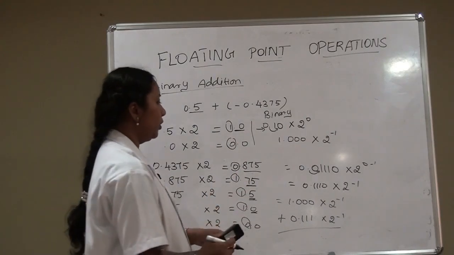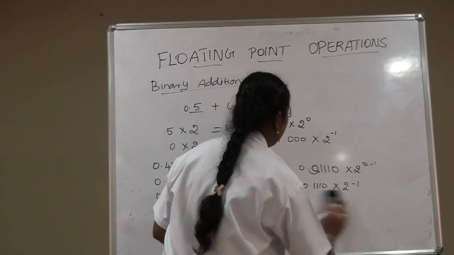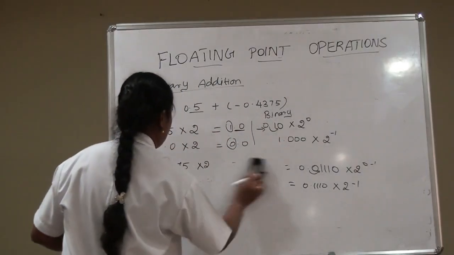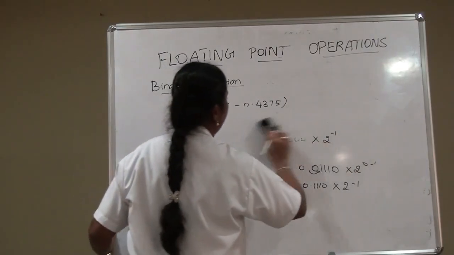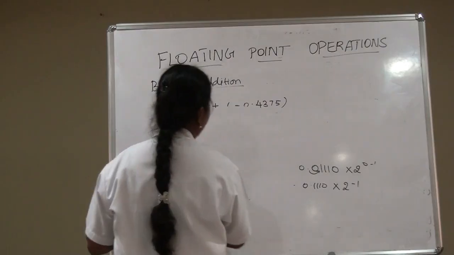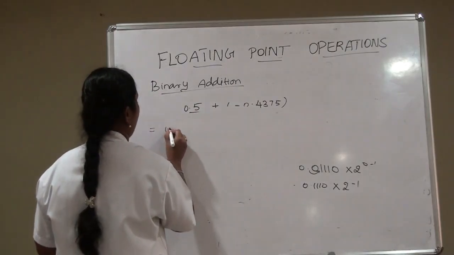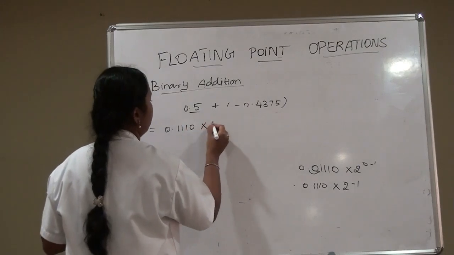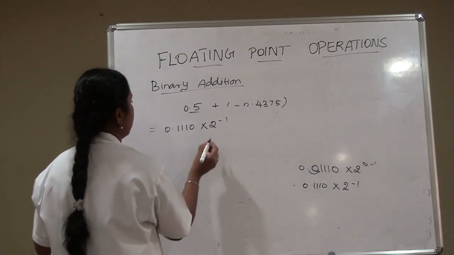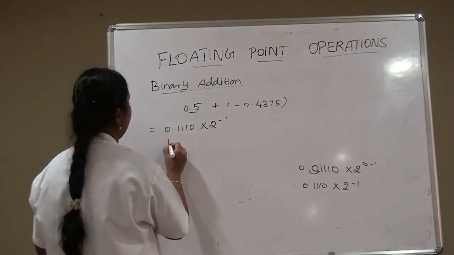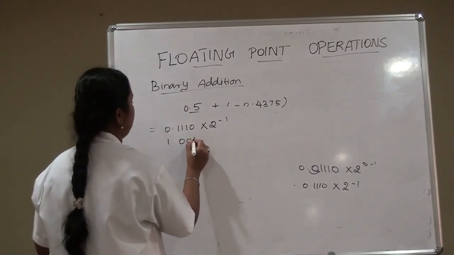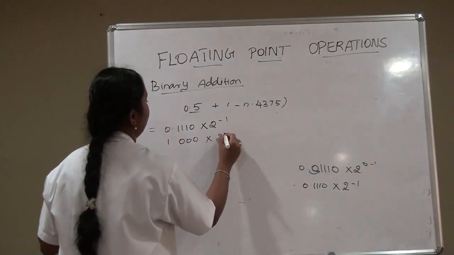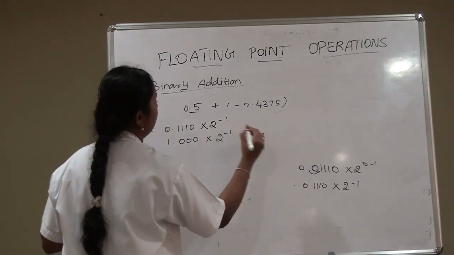So now I am going to convert 0.4375, the binary representation of 0.4375, that is 0.110 into 2 power minus 1, into 1's complement, which gives me 1.000 into 2 power minus 1, which is the 1's complement representation.